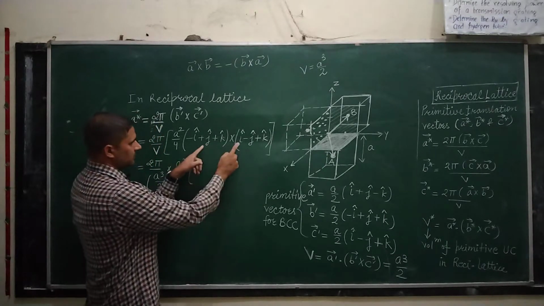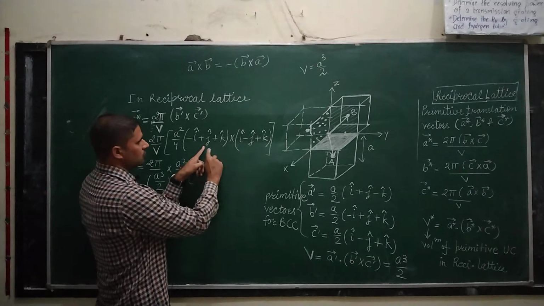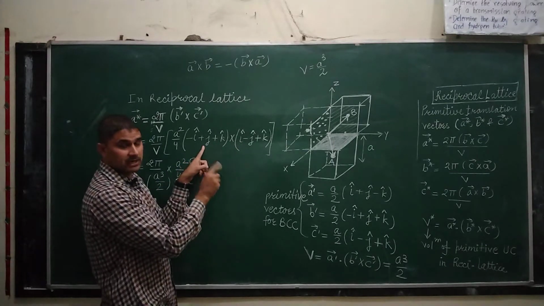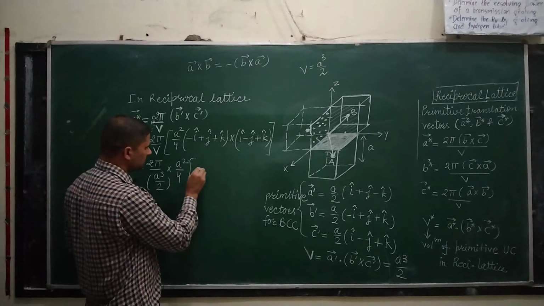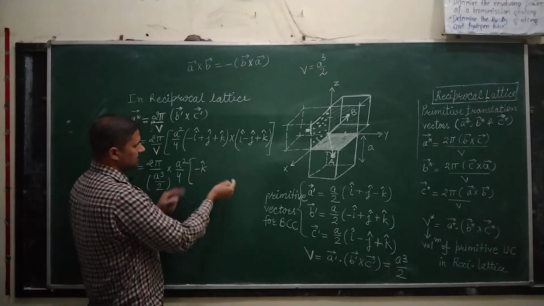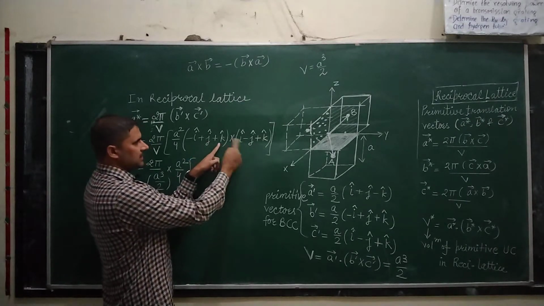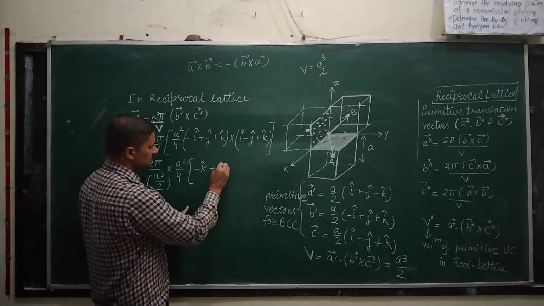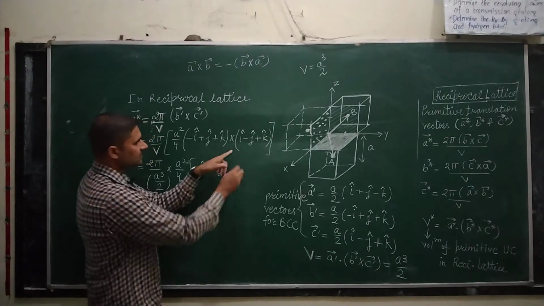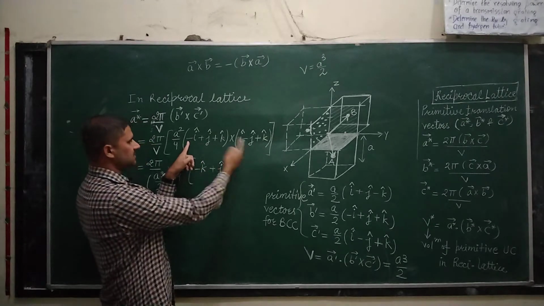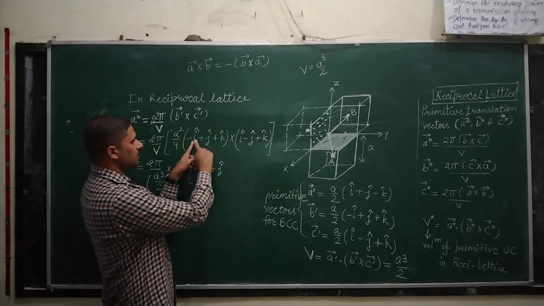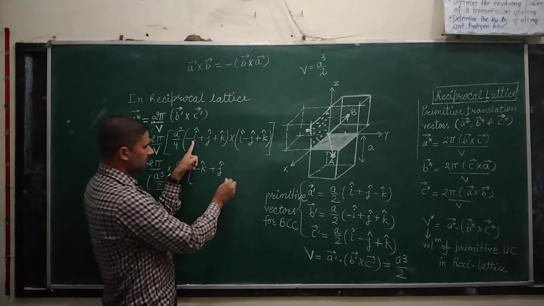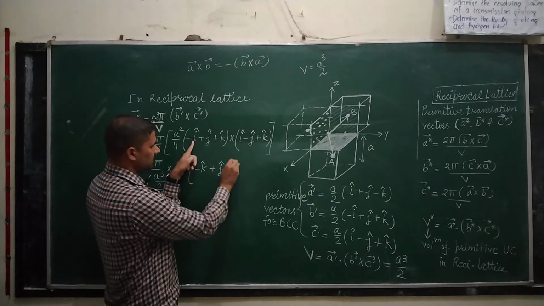So here we have j cross I, and you know j cross I is minus k. So I am writing here minus k, then k cross I, it will give you plus j. Okay class, and then minus j, minus plus, and I cross j, it will give you plus k.